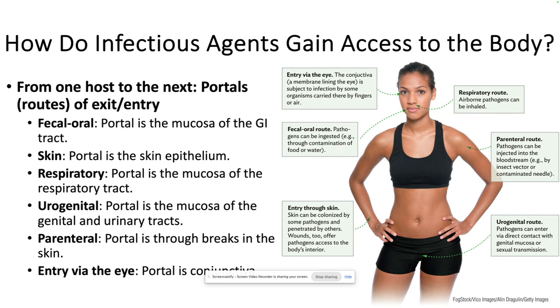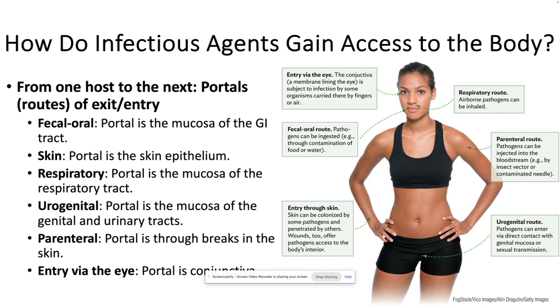Between the small and large intestine alone, there is a lot of surface area. So the pathogens that gain entry to your body via the fecal oral route are going to have a lot of places in this surface area that they can then use to transfer themselves to different parts of the body. The next portal of entry is your skin.